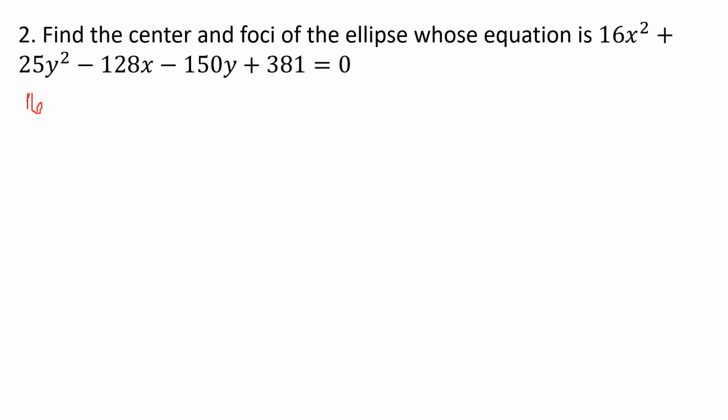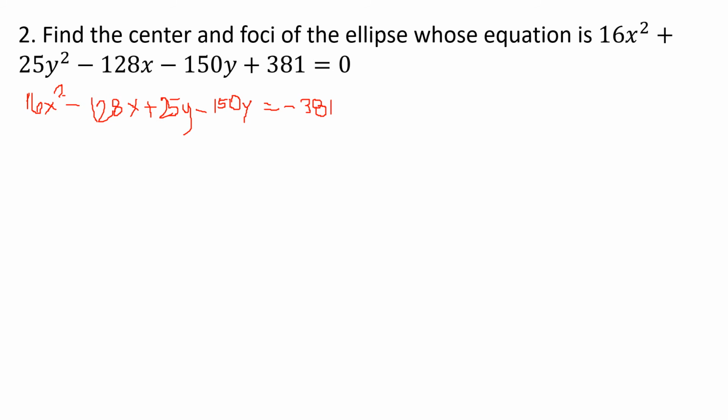So we have 16x squared minus 128x plus 25y squared minus 150y equals negative 381.